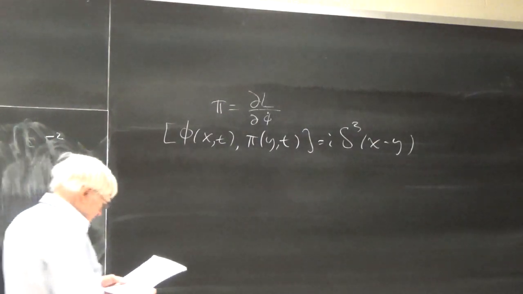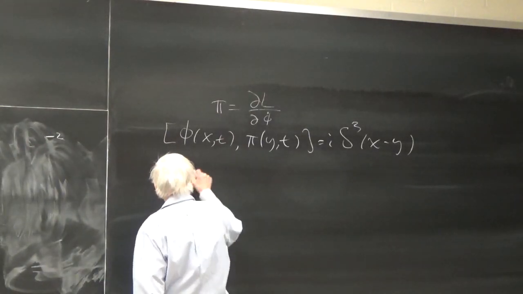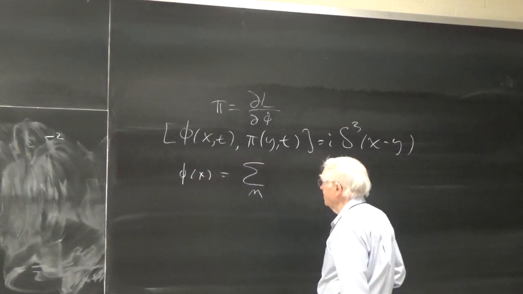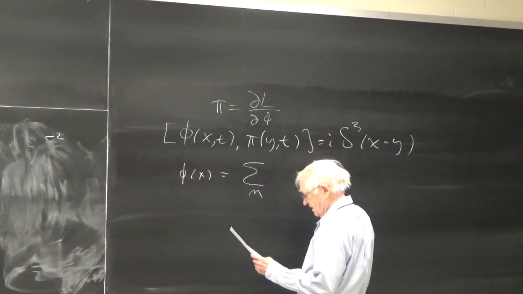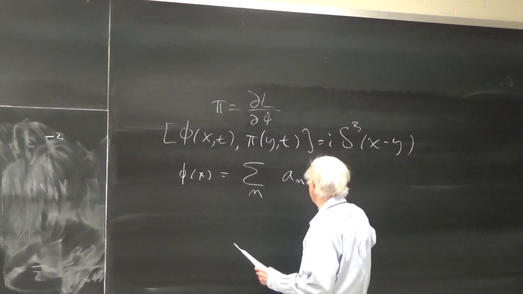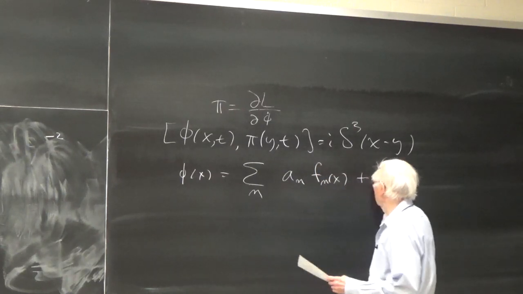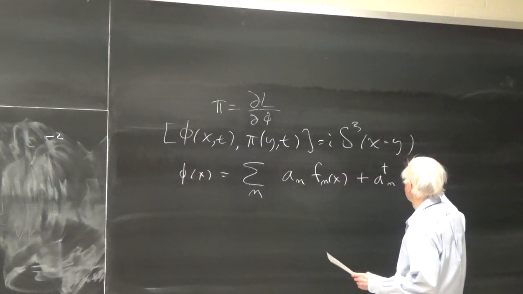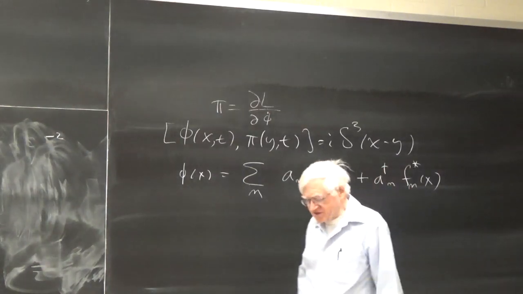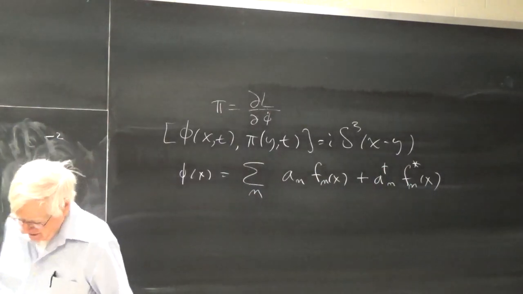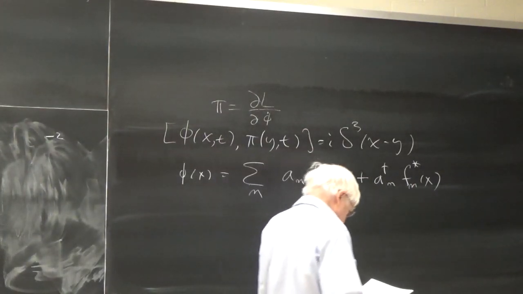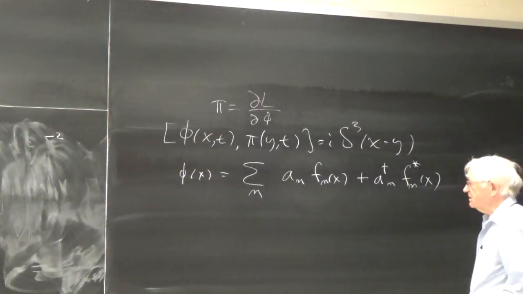Let me recall what we're doing here. If we use the discrete formulation, then we're writing the field as a sum of annihilation and creation operators with respect to functions that satisfy the covariant Klein-Gordon equation, which is the equation of motion for the field.